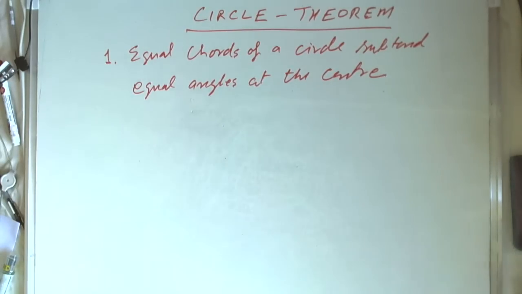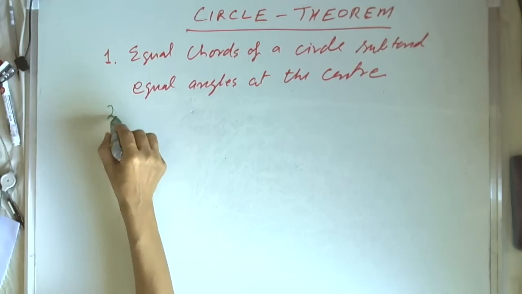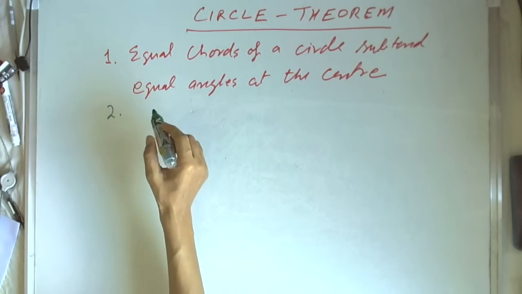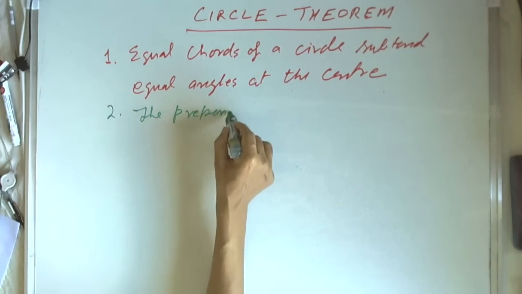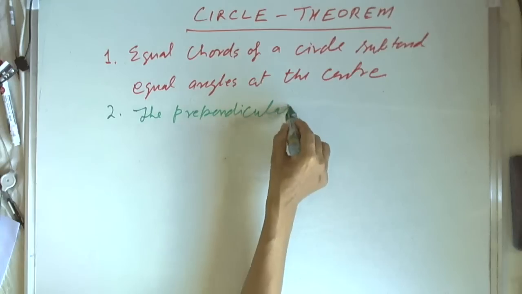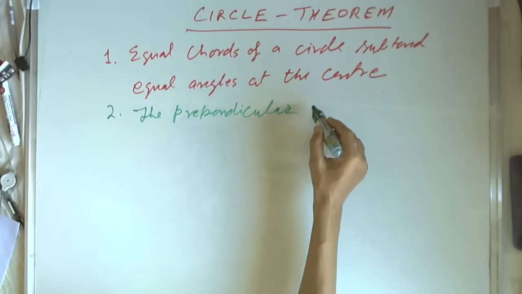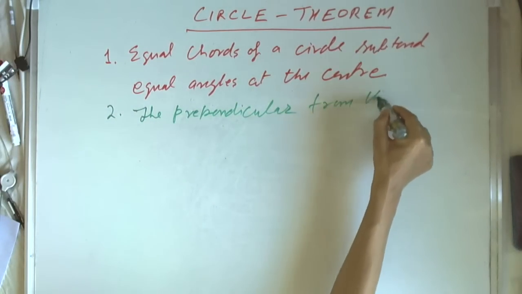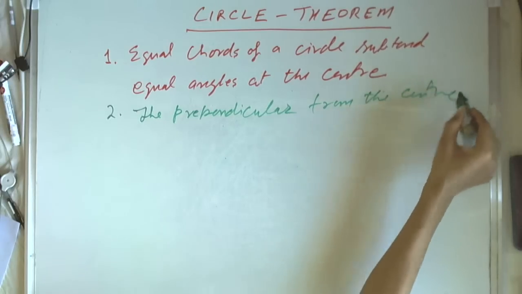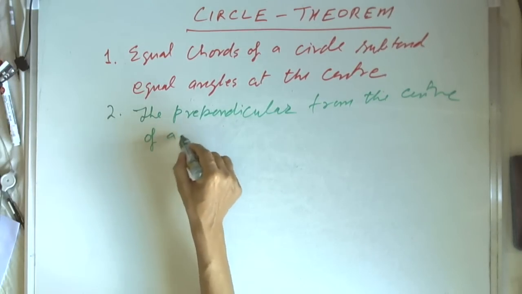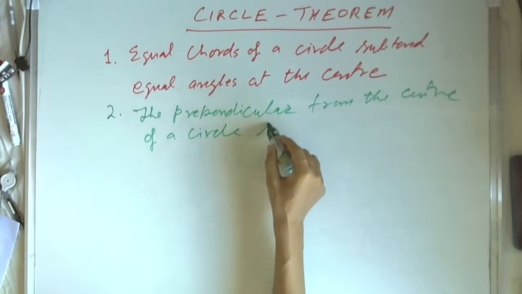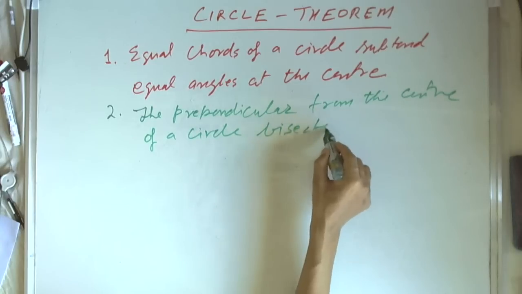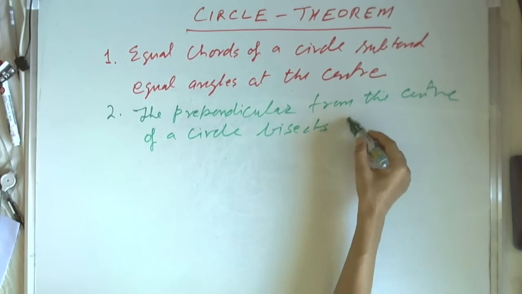Theorem number 2 is: the perpendicular from the center of a circle bisects the chord.